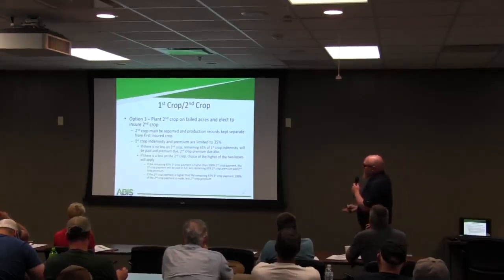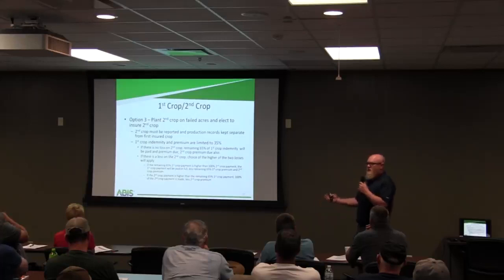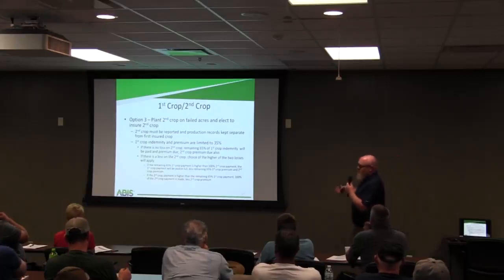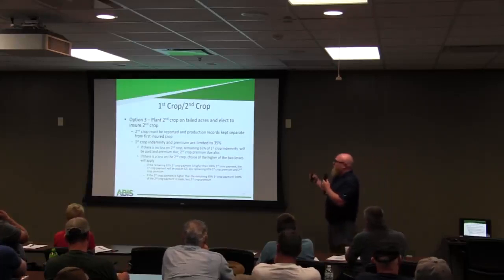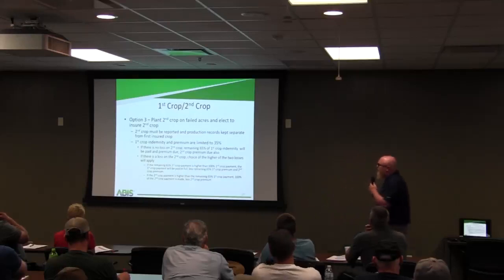And if there's no loss on the second crop, the company will come back and pay you the remaining 65% on your first crop. For example, if you had insurance on soybeans on the second crop and the corn failed, they're going to come back and pay you the rest of your corn payment at harvest.